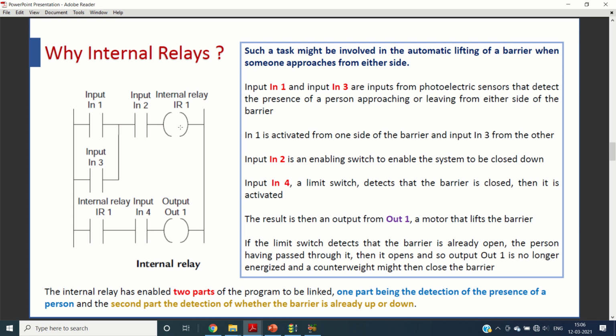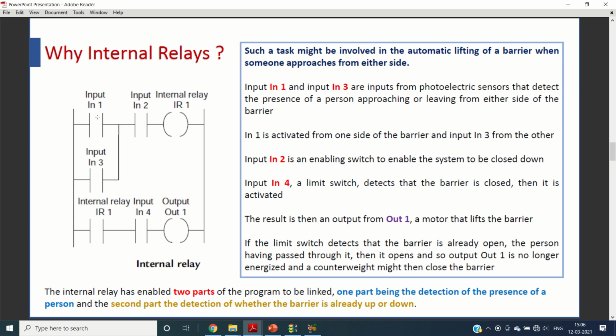Now suppose the internal relay is activated. This is on, which means that either this input or this input, or both, are on. Now you have put this input into activated because this is the master switch, you have to activate it.